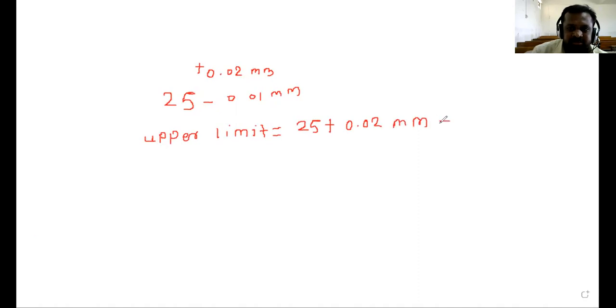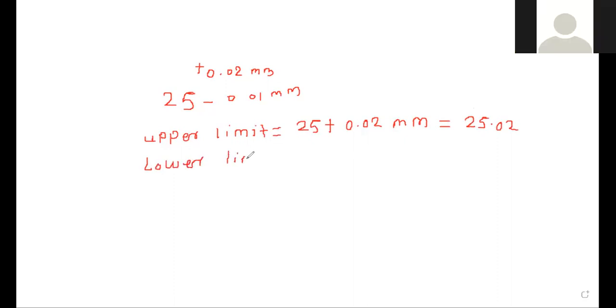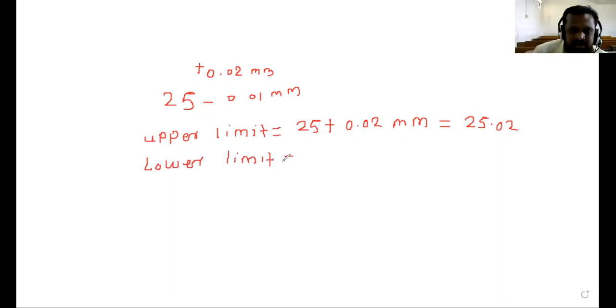Then how to calculate the lower limit? Here the basic size is 25. Now this is the first value, this is the second value.